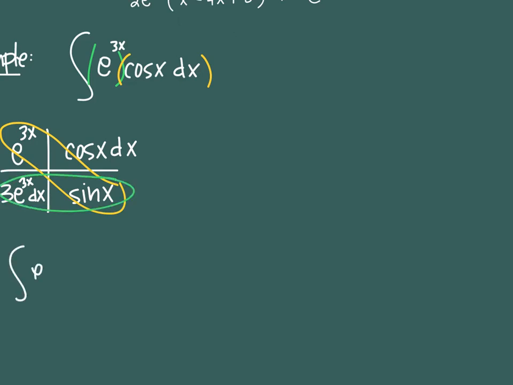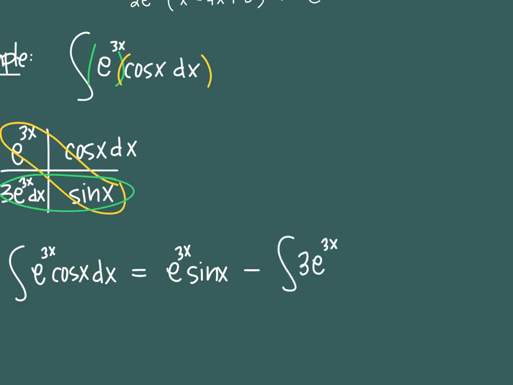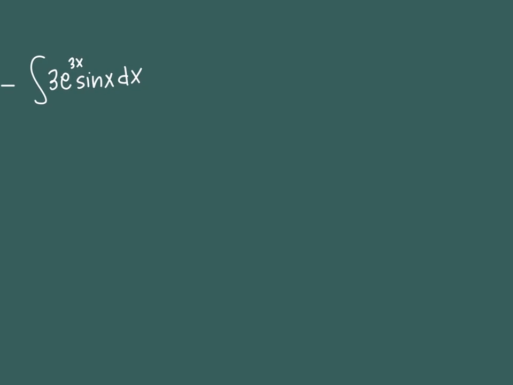So the original problem, e to the 3x cos x dx, can be solved with the combination of e to the 3x sine x, that's the yellow circle, minus 3 e to the 3x sine x dx. And we still have a product, so we will need to do it again. Only twice, it's okay. I'm going to slide my work over a little bit, and we're going to focus on it, I got to do it again.